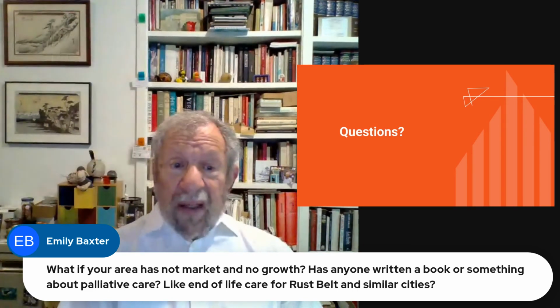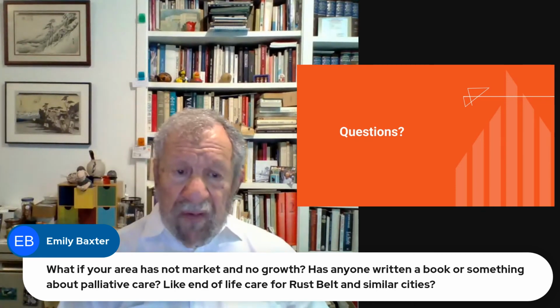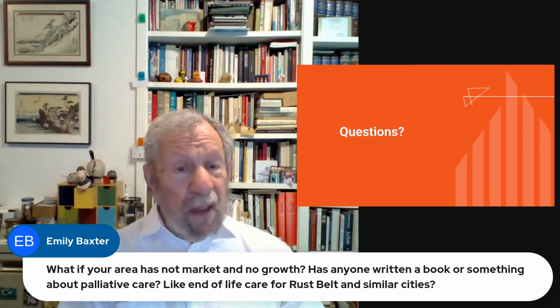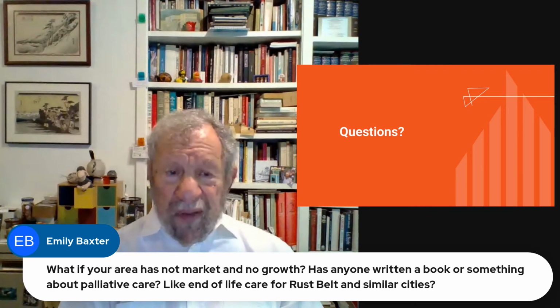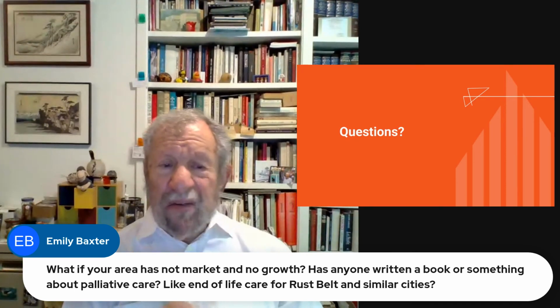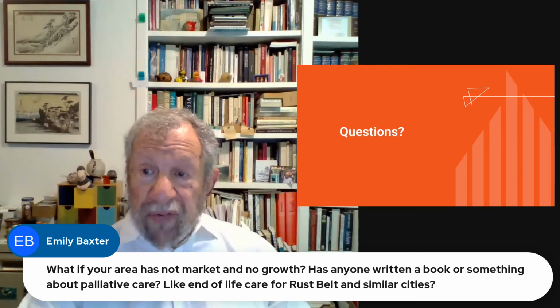So cities like Youngstown, Gary, cities that are in really desperate economic shape are not going away. So we have to be thinking about how we can make those decent places to live without growth. And that is tough.